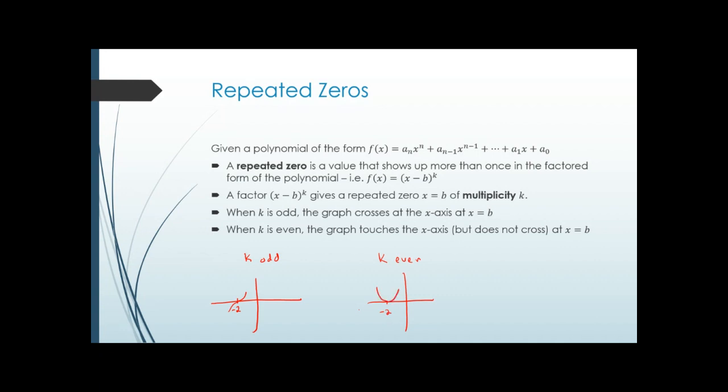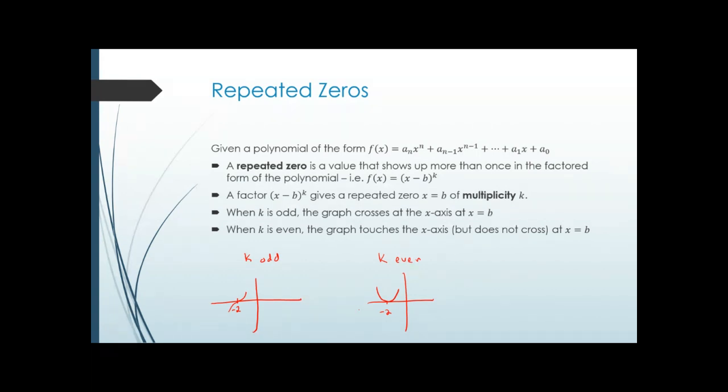It doesn't cross the axis, it bounces back in the direction it was going, or it might be coming from below and going back down. This just gives you an idea of what these things can do to a graph.